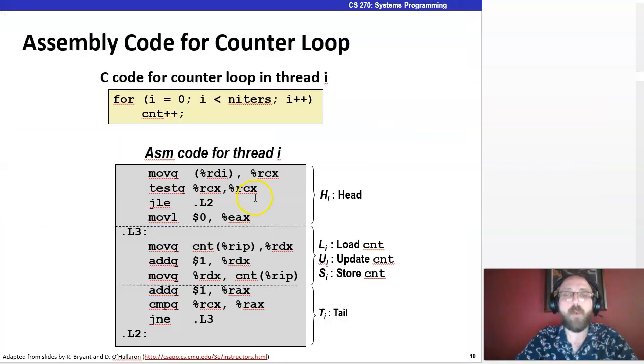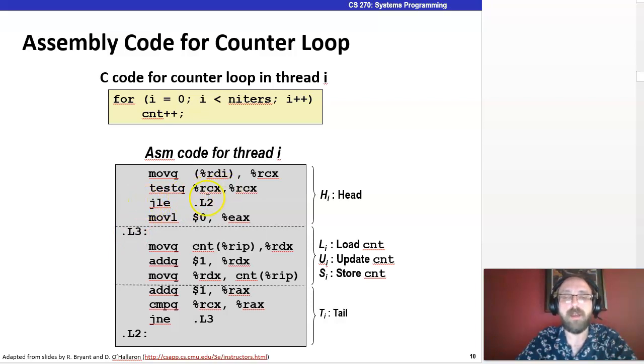Well, let's see what the problem is. If you take a look at the assembly code that you get from compiling the thread function, you'll see we have something like this. So this is for just this loop. We load our variable. We test to see whether it's 0.